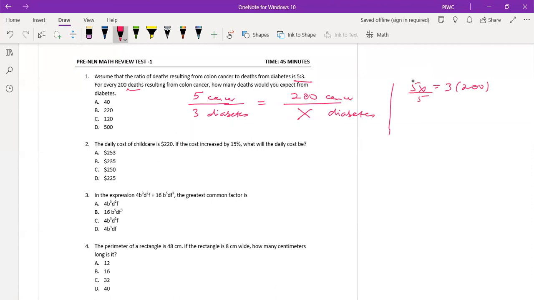Divide by 5 on both sides. 5 can go into itself one time. 5 into 200, that's 40. So 40 times 3, you have 120. So that's 120.